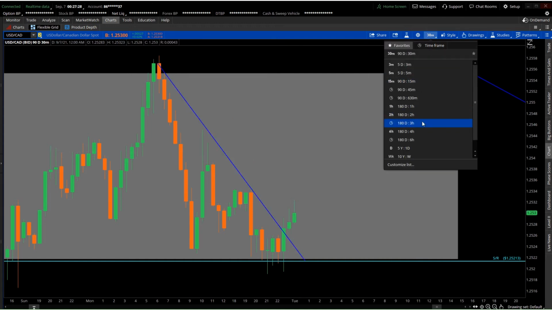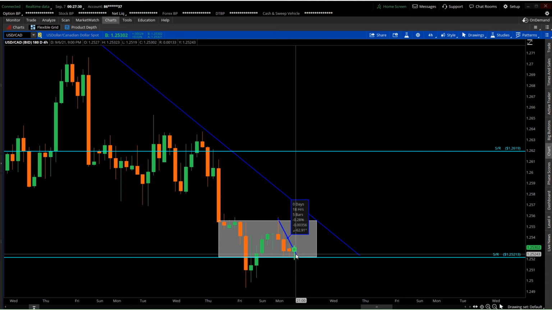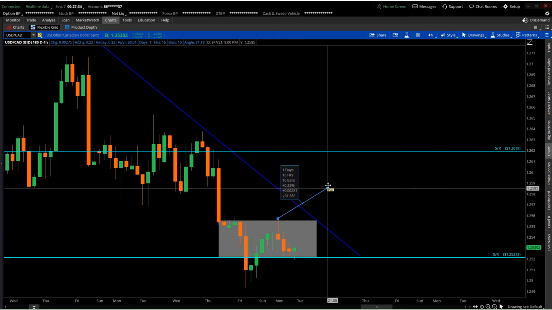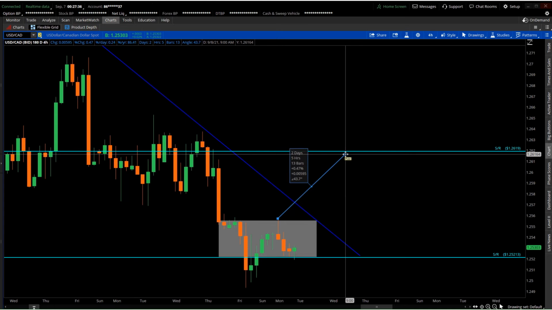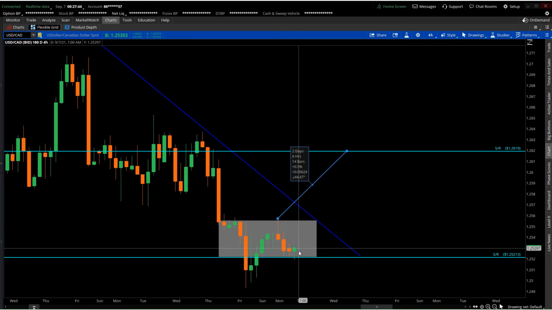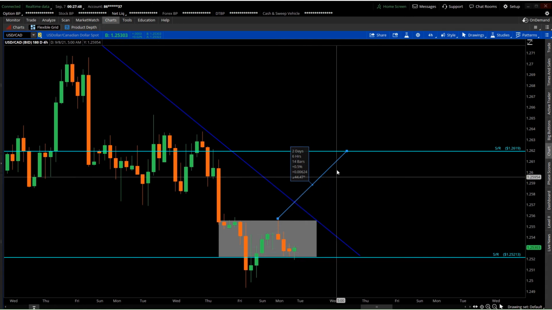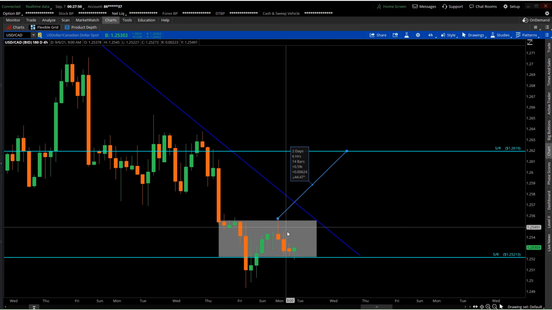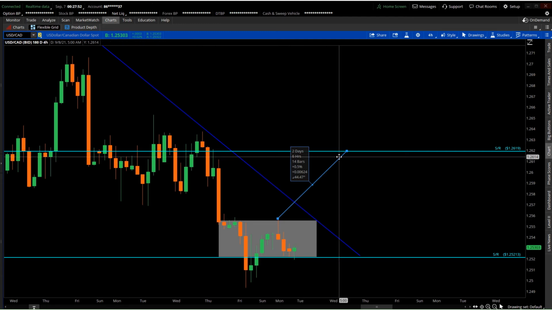On the other side, from my entry, if the price goes up and retests this resistance level, that's a measure of 62 pips. From swing low to swing high, swing low is like 30 pips, swing high is 60.